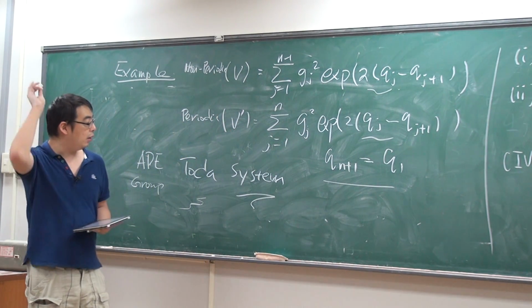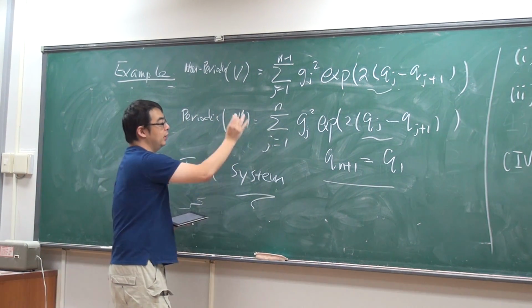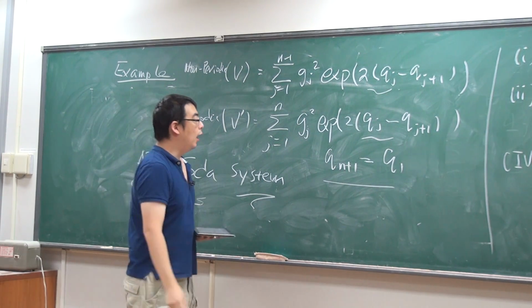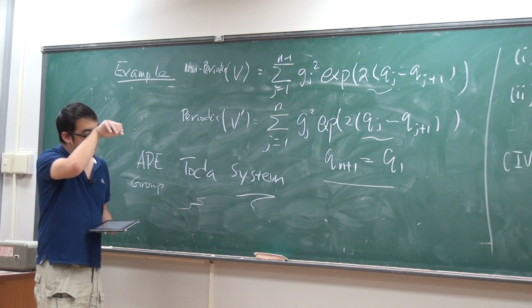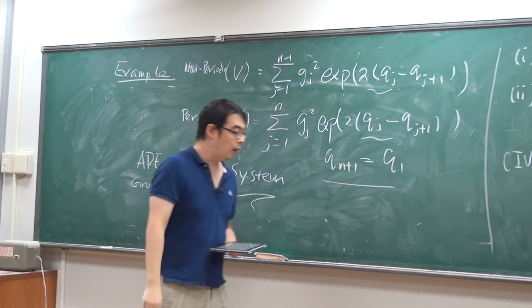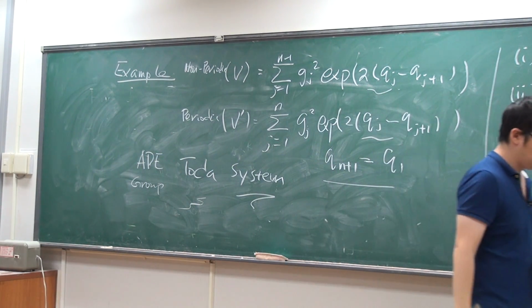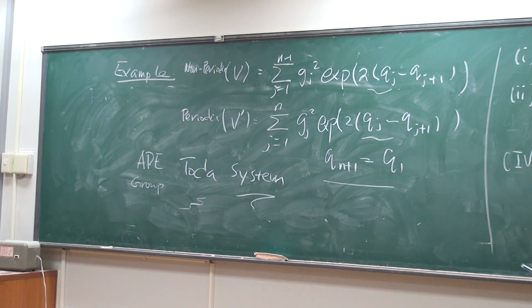And what's beautiful about this class of models is that, again, their Lax pair can be explicitly constructed, and we can show that the system exhibits classical integrability and so on.